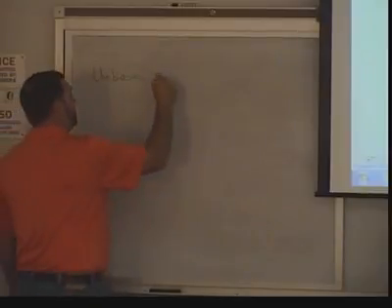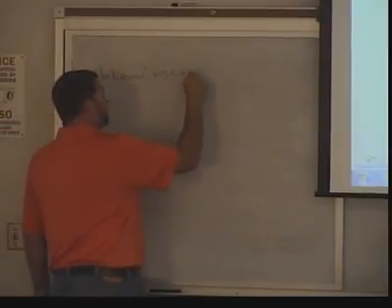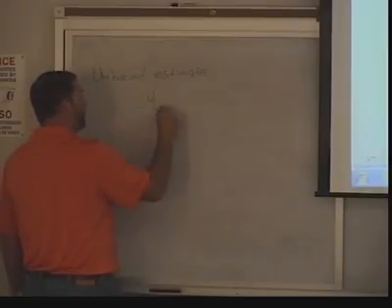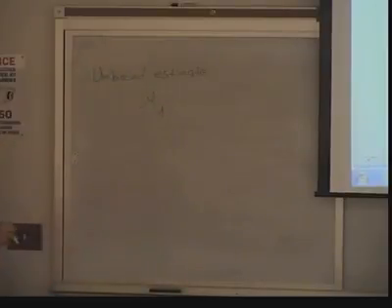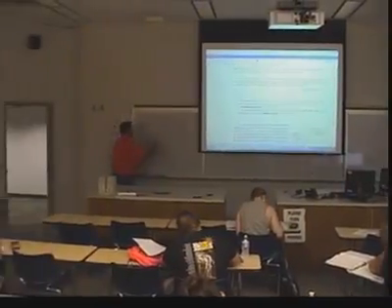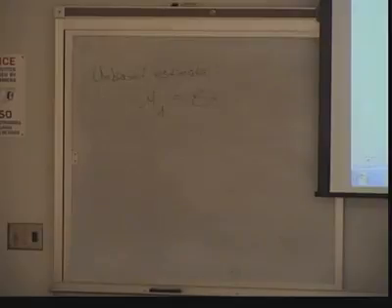Unbiased estimate. So it's an unbiased estimate when mu of A, where A is our sampling distribution, is equal to theta. Now, isn't that a lot simpler definition than all the words that they have written right there?